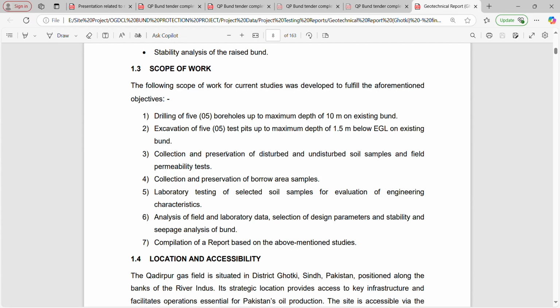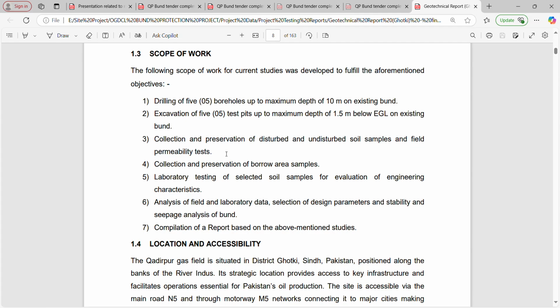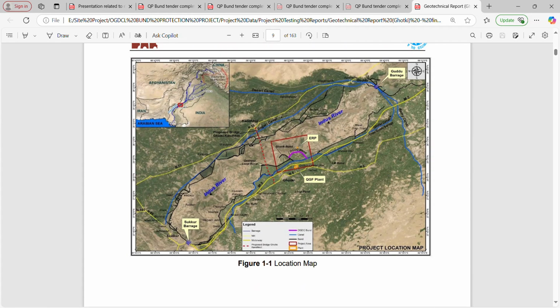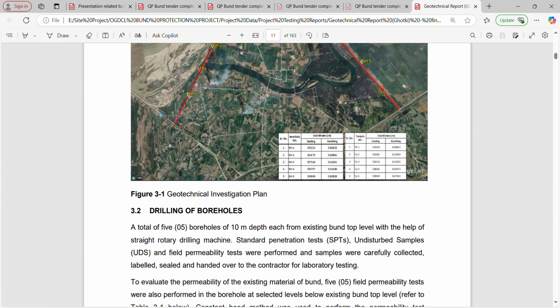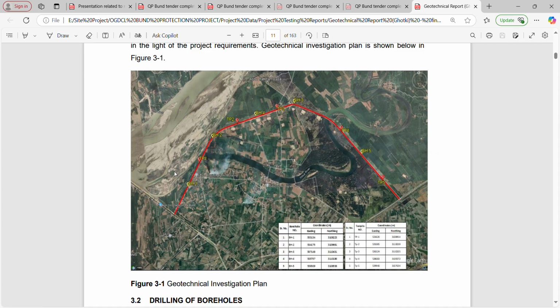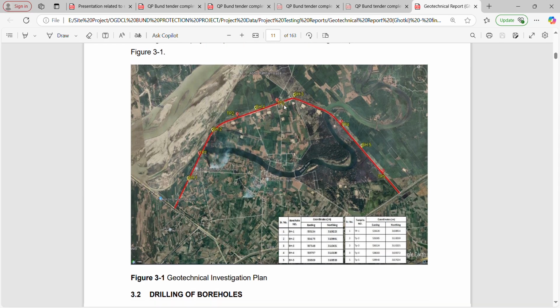All these materials are collected and sent for laboratory tests in Decon and Soil Cone laboratories to assess what material was used in the bund previously and what material should be used for this project. This is the map showing the collection of material from all boreholes and test pits along the bund.